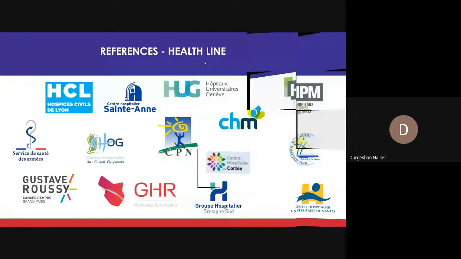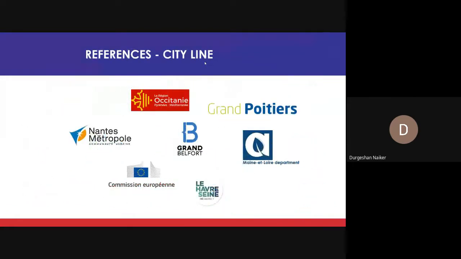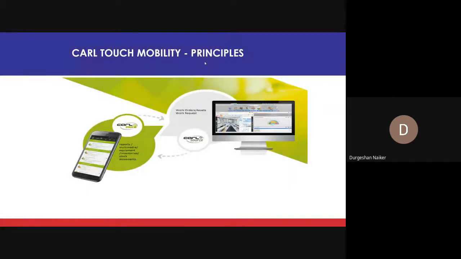Okay. Like I said, healthcare sectors are using it. Here are some of the healthcare or hospitals that are using it. Here are some city line, in other words, councils, which are using it for their asset maintenance and property things.